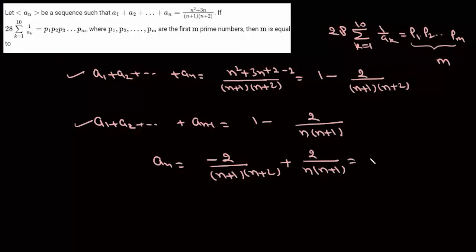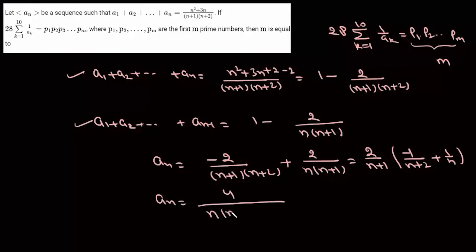Now here we'll take 2 upon n plus 1 common. So we'll have minus 1 upon n plus 2 plus 1 by n. So this an will be 4 upon n plus 1 n plus 2. So that's our an.